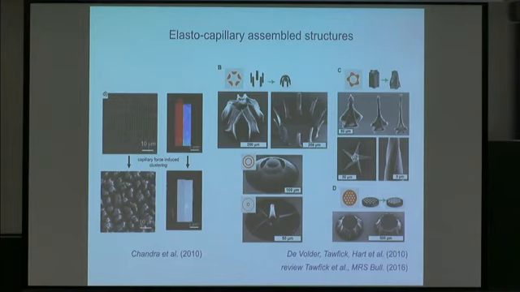But one of the biggest specialists in making very nice structures with this elastocapillary assembling is not so far from here. Michael de Volder, I guess he has been in Cambridge for a couple of years, and he's able to make very beautiful structures with carbon nanotubes, at very small scale, and basically they are assembled by this elastocapillary adhesion.